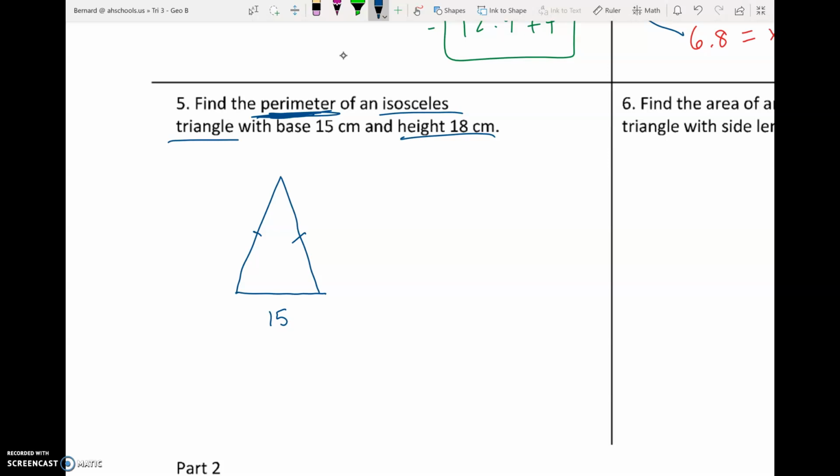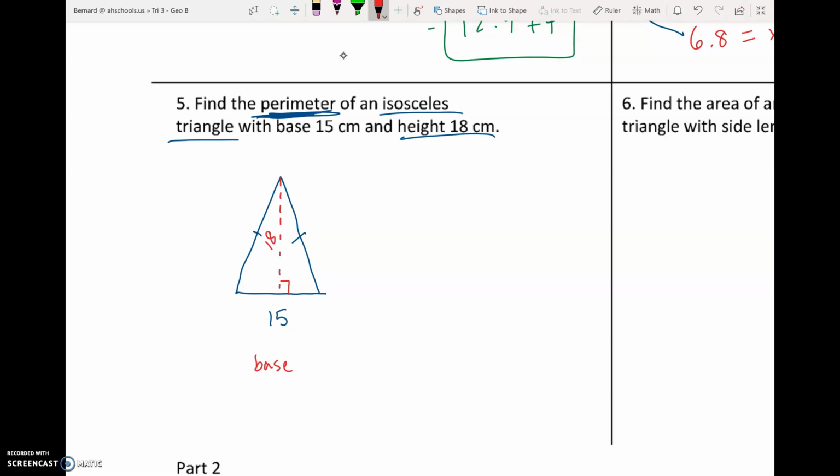Now it tells us we have our height. An isosceles triangle is not necessarily a right triangle. And so ultimately our height is going to look like this. This is going to be one of those problems where we drop this imaginary line down to the bottom and it creates a right angle, and that line creating a right angle with our base, right, is what our height is.